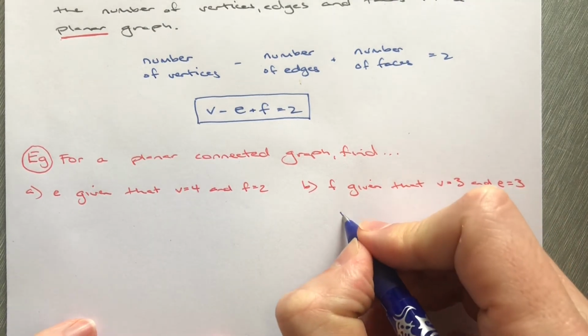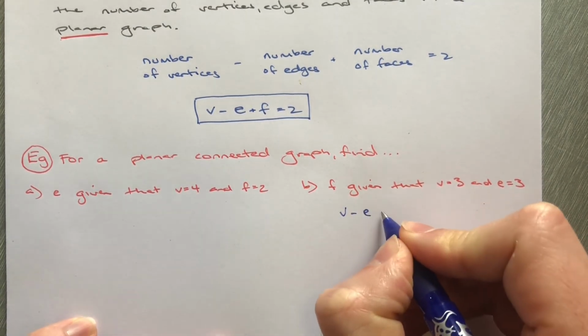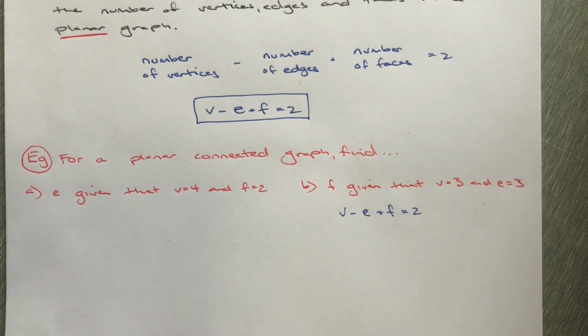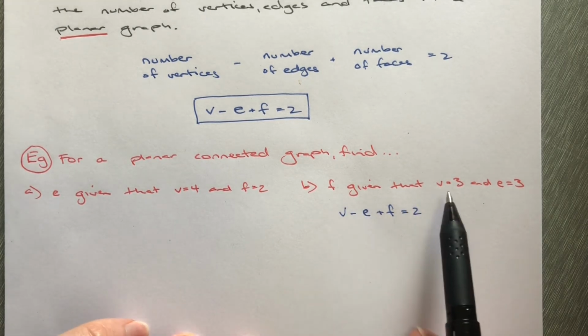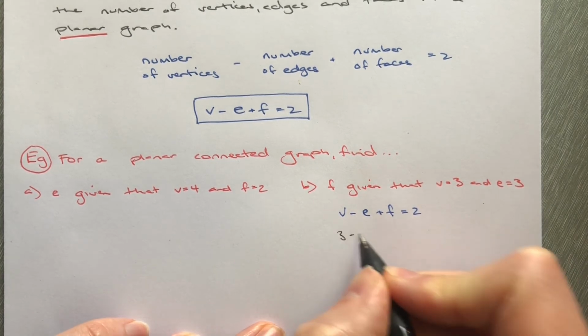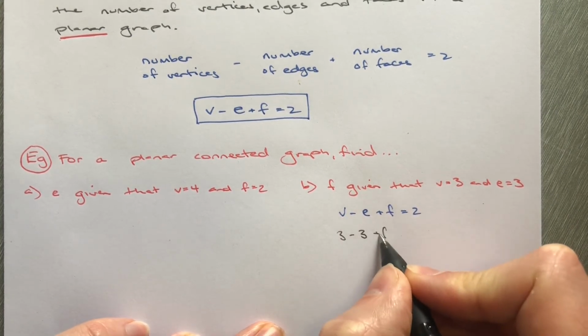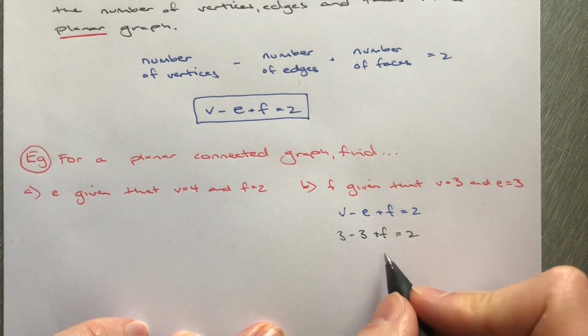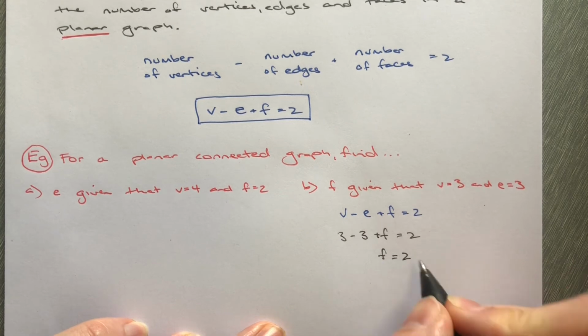I'm going to rewrite it so I remember it, because if I keep rewriting it after each question, I'm going to end up remembering it without having to look. It'll make me faster. So I want F given that V equals 3 and E equals 3. I'm going to change V to 3, change E to 3, and I want to find F. So 3 minus 3 is 0, so that leaves me with F equals 2.